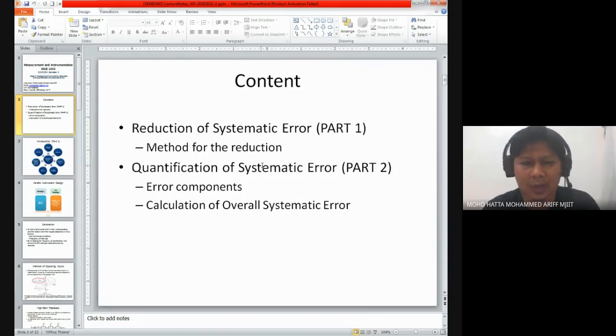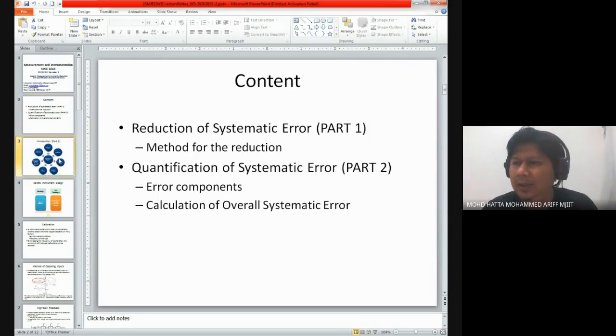So you can have a look at that one as well. Part 1 and part 2 may take about half an hour or 45 minutes to finish. In part 2, the main target is how do we calculate the overall systematic error, given that we have a few components of systematic errors contributing to our measurement. So how do we combine all those and come up with the overall systematic error?